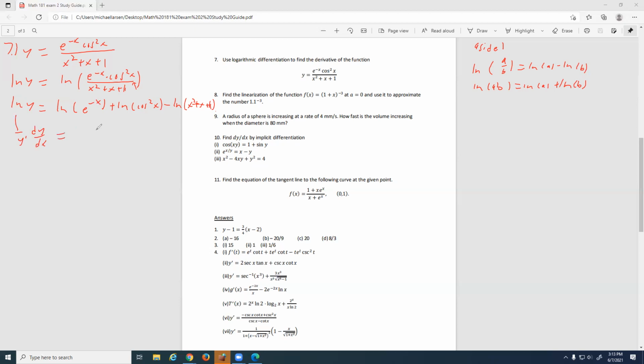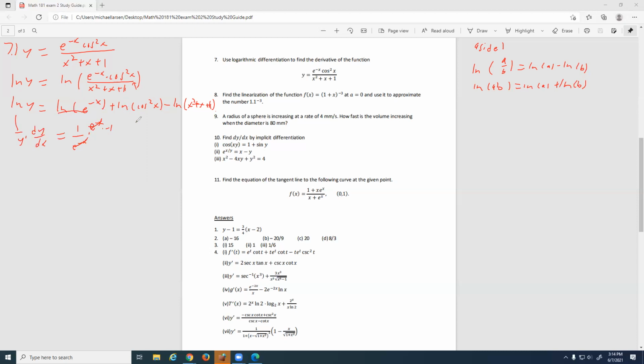And this is going to be equal to the derivative of natural log e to the minus x, that's going to be 1 over e to the minus x, times the derivative of the inside, which is e to the minus x times minus 1. So the e to the minus x's are going to cancel out. Another way you could have done this is just canceling out the natural log and the e right away and just differentiating minus x, but either way, you should just get -1.